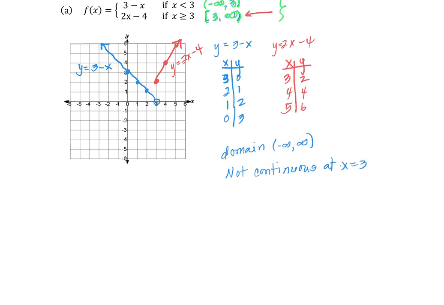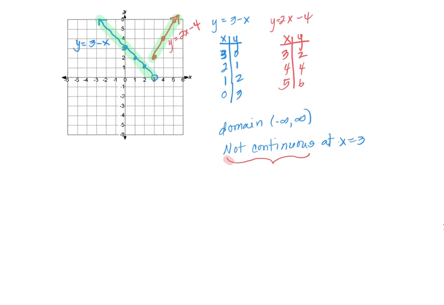If we were to sketch the graph, we have to lift up our pen once we get to x equal to 3 so that we can continue on with the second part of the graph. So we do have a break when x is equal to 3. Oftentimes, instead of saying not continuous, we will say discontinuous. So I could have written discontinuous at x is equal to 3.